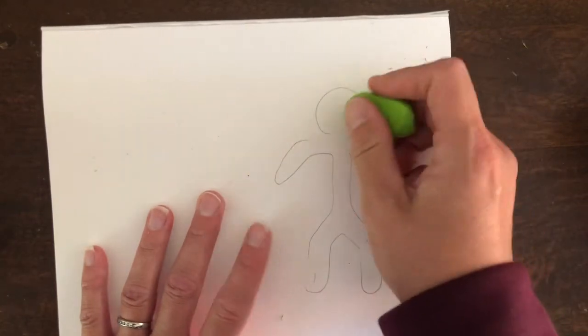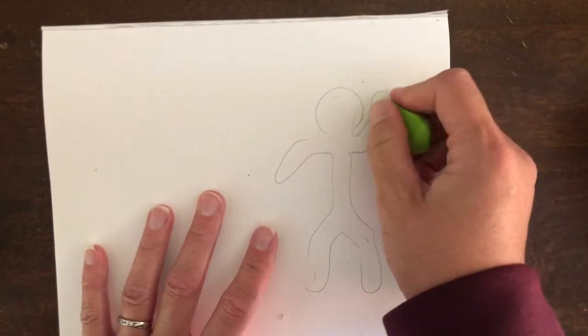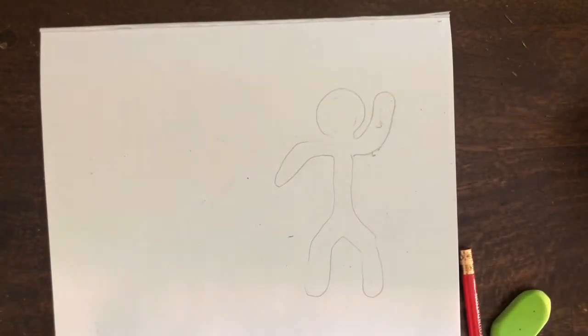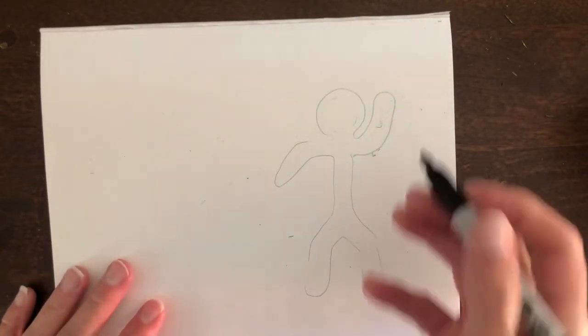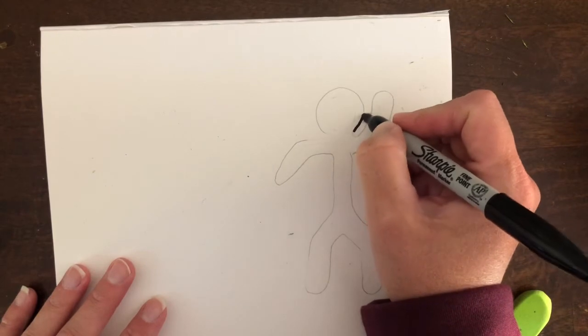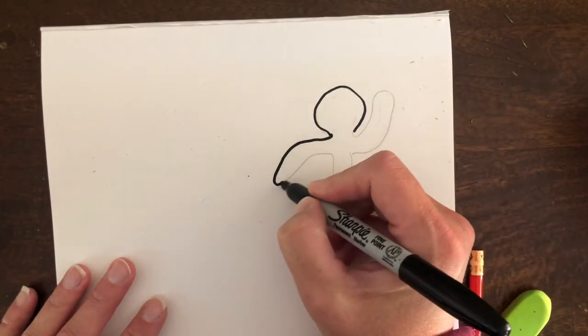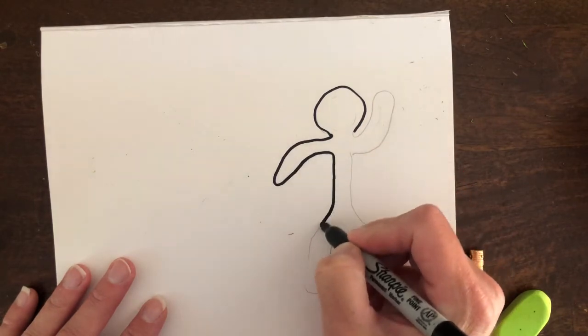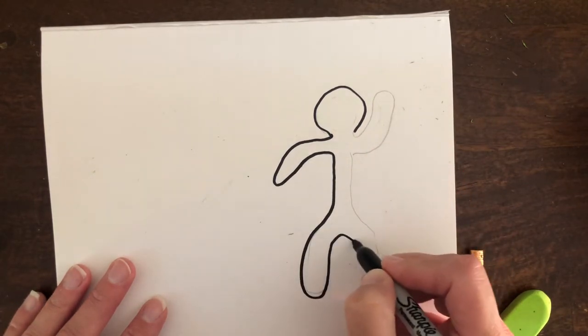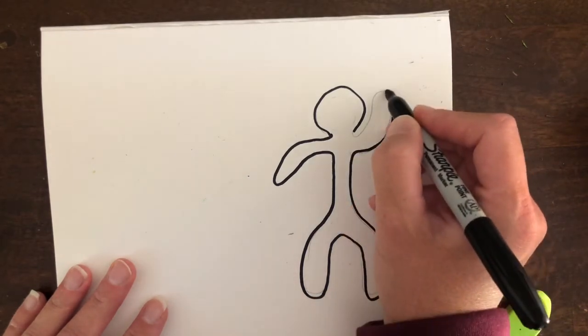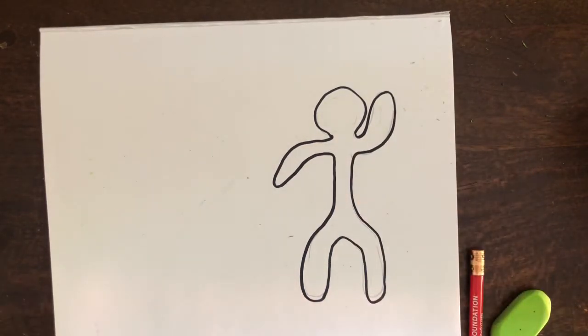And once you have that part out, we can make it even more like a Keith Haring figure by taking our black crayon, Sharpie, pencil, whatever you have, marker, and trace over those pumped up muscle lines that you made, like you made it like a big puffed up balloon. Trace over those lines and you will have a Keith Haring-like figure.